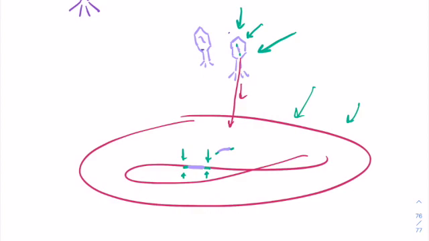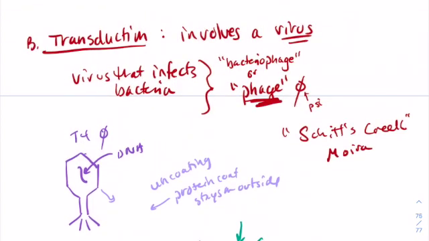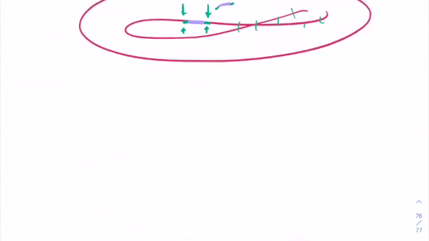You'll be held responsible for more of the details of how the chopping up of the host cell genome occurs and that later. But for now, just know that transduction, it's where a virus that infects bacteria, bacteriophage, carries DNA from one cell that it's infected to the next cell that it's going to infect. And those two cells never had to see each other at all.